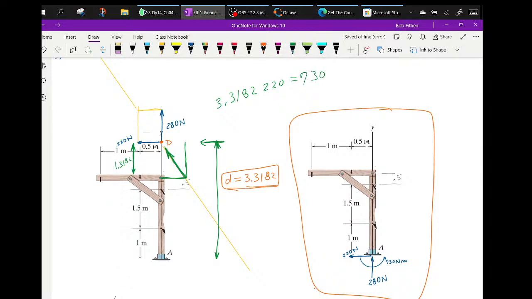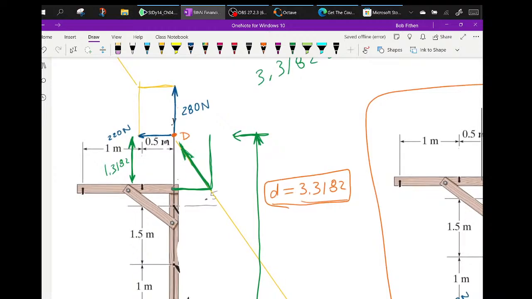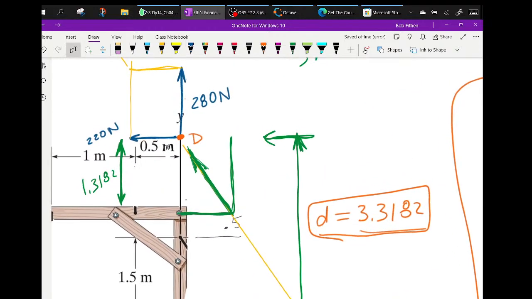Okay, so now that we've got that, if we want to know these distances, here's what's interesting. Let's look at it from a geometric viewpoint. This is distance 1. This is distance 2.